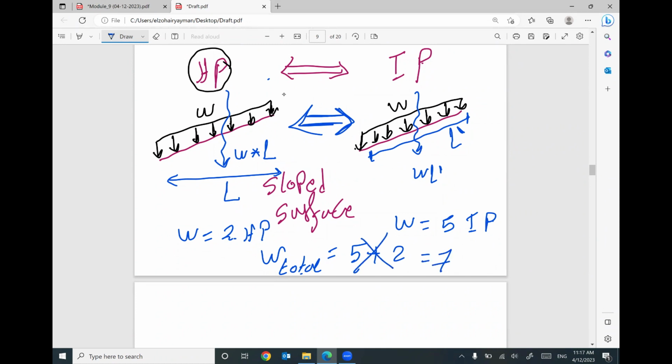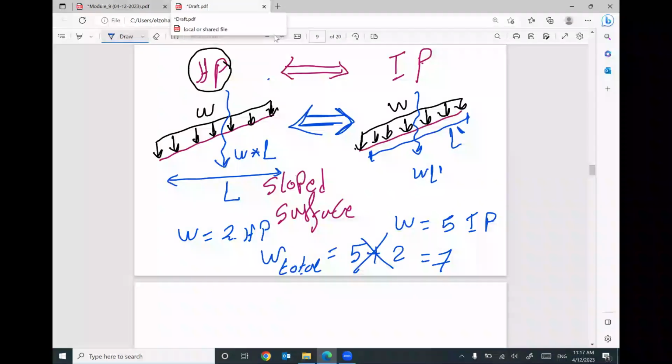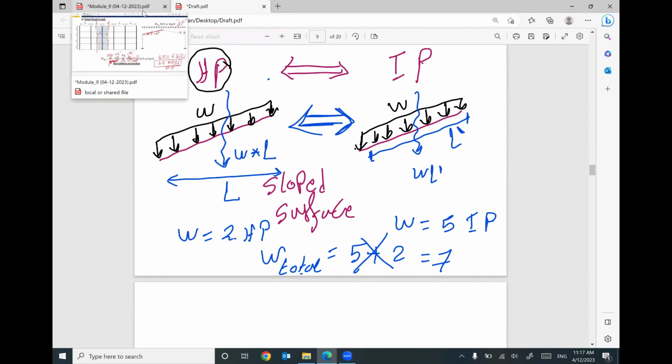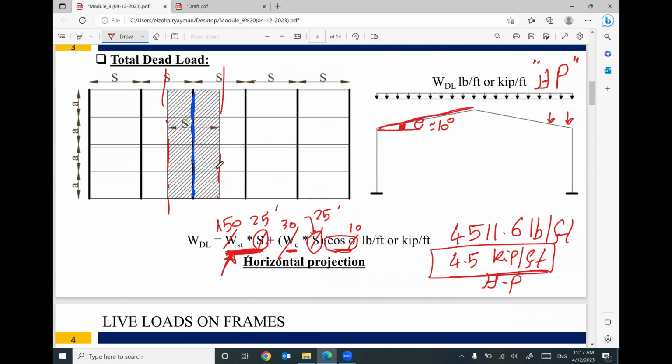We cannot add them together until you convert one to the other one. And this is the reason why we divided here by cosine theta to convert this term to be horizontal projection. Then we can add it to this term. So the final answer will be horizontal projection.